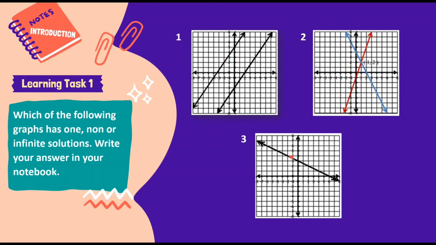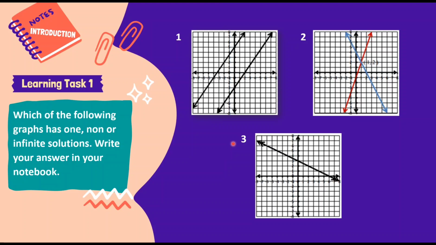So, what you're going to do is just to identify or just to name. Alin ba dyan yung one solution, no solution, at infinite solution. So, you can use as reference yung aking diniscuss kanina about perpendicular or intersecting lines as well as parallel and coinciding lines.